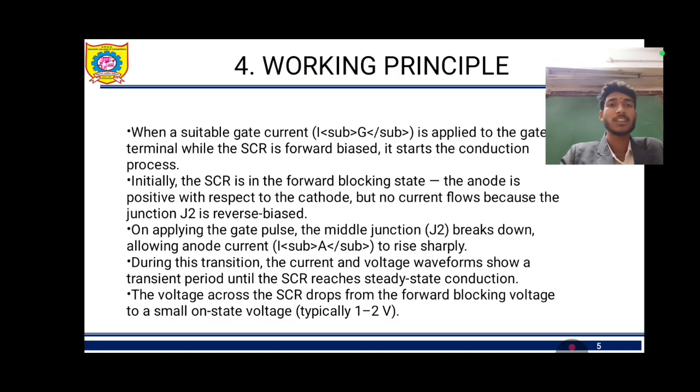On applying the gate pulse, the middle junction J2 breaks down, allowing the anode current to rise sharply. During this transition, the current and voltage waveforms show a transient period until the SCR reaches steady state. In this process, the voltage across the SCR drops from the forward blocking voltage to a small on state voltage, typically 1 to 2 volts.